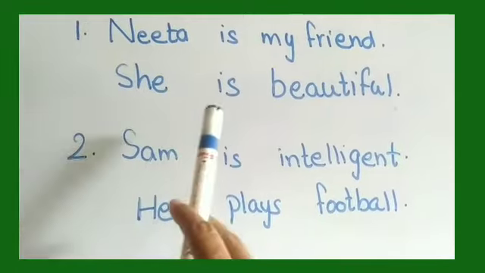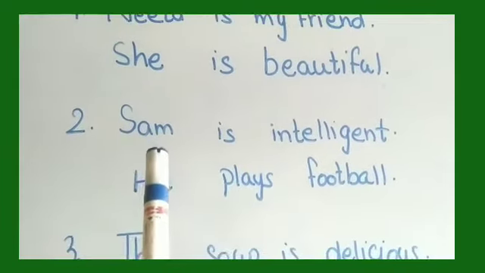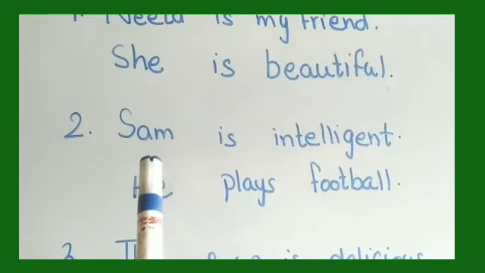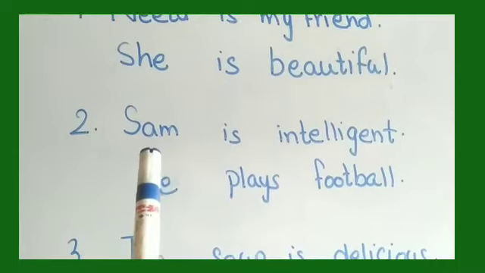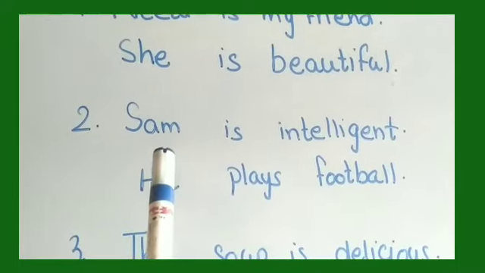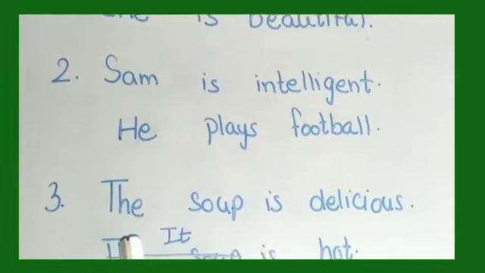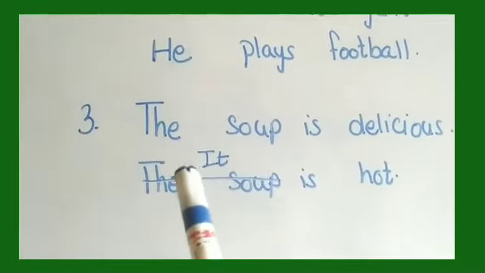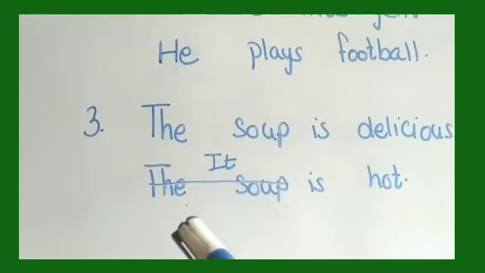So, she is beautiful. So, we write she. Now, Sam. Sam is the name of a boy or a man or can be an uncle, related to male members, right? So we use he. Now the soup, so we use it for non-living things, animals and birds. Fine.